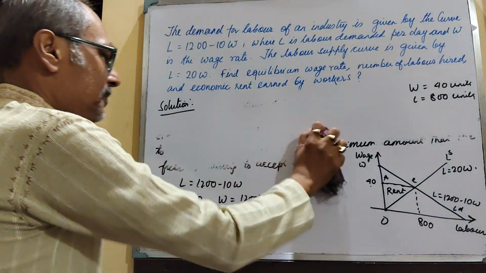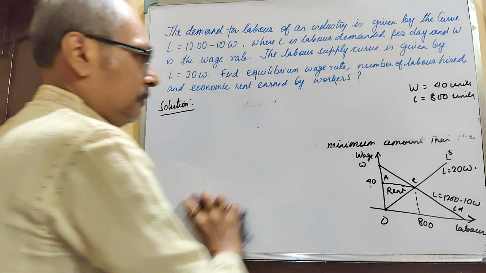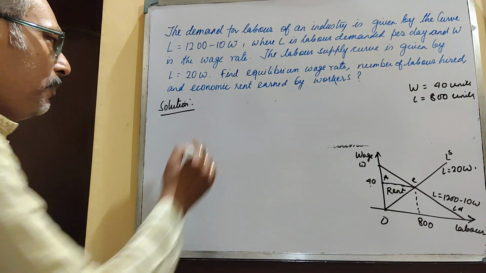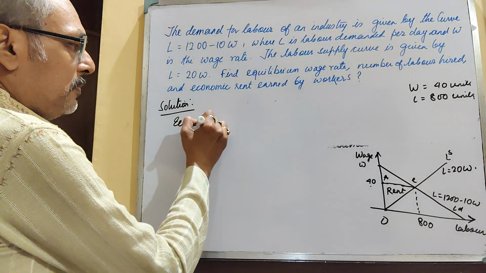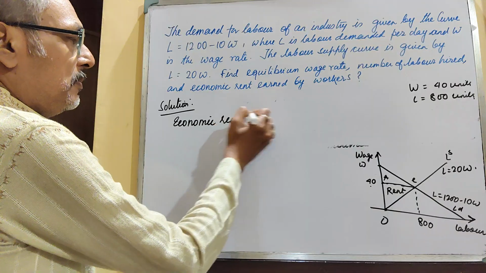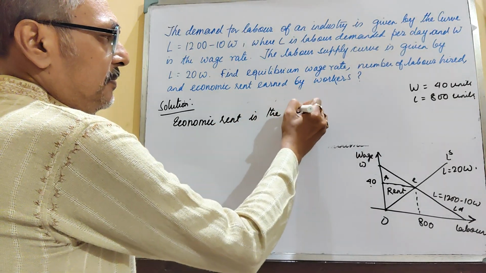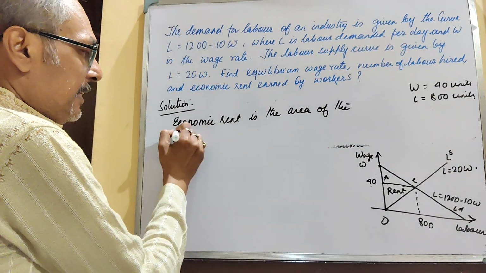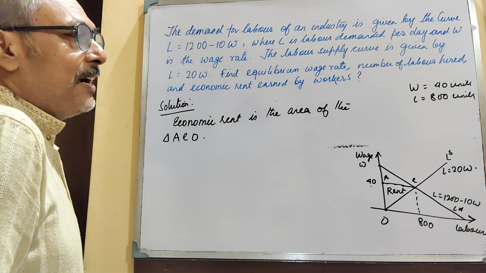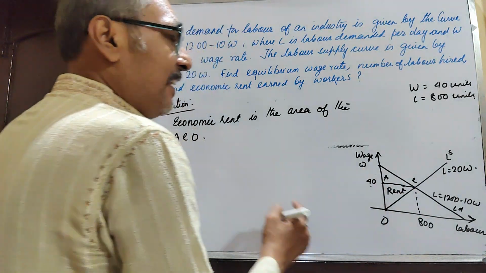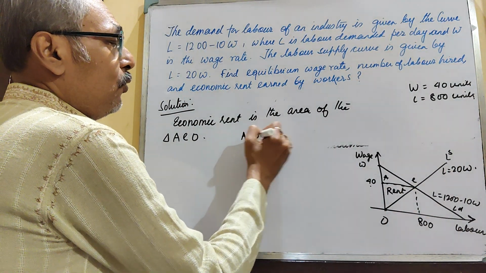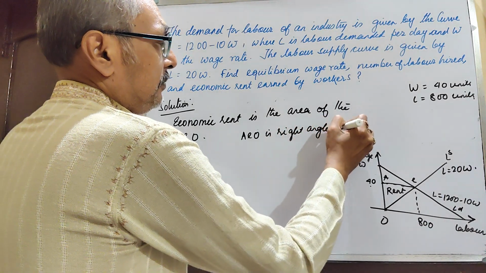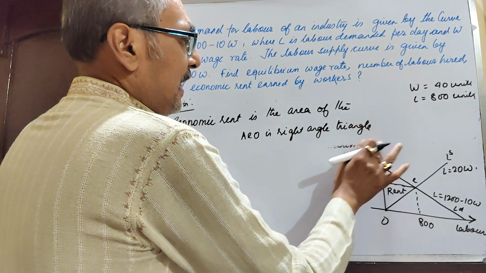Economic rent is the area of the triangle AEO. Now AEO is a right angle triangle.